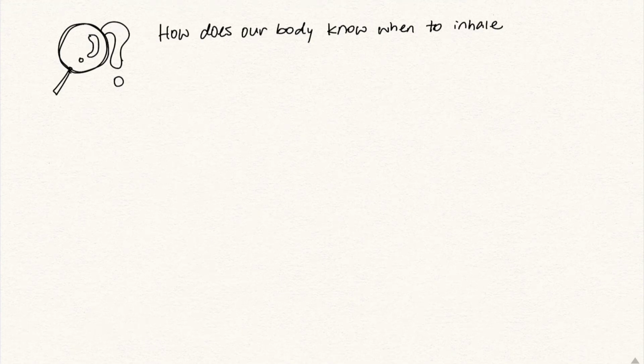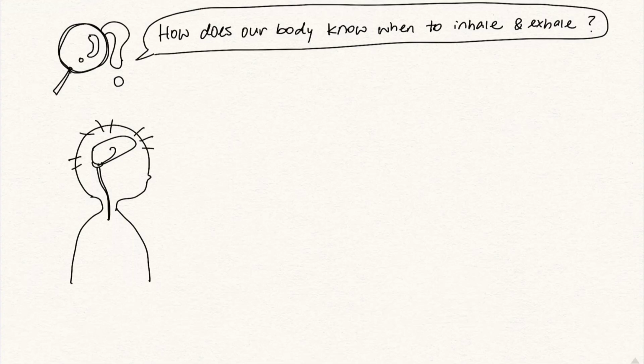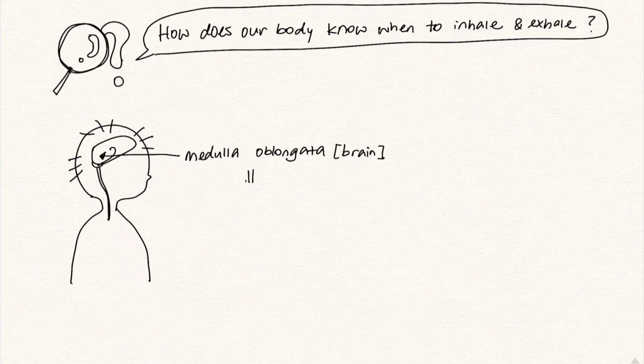Now you might be wondering, how does our body know when to inhale and exhale? Well, the control of breathing is actually managed by our brain, specifically the medulla oblongata. This is located at the bottommost part of the brain and it helps control vital processes like your heartbeat, breathing, and blood pressure because it's connected to the spinal cord.